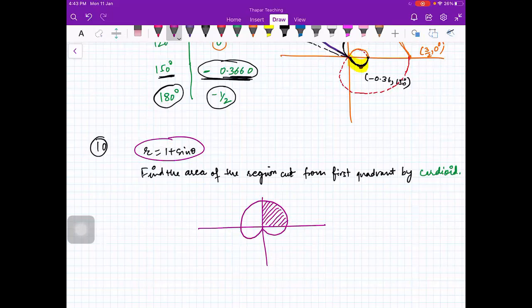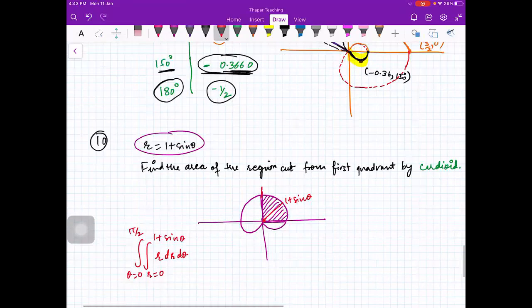So you can very clearly see R is from 0 to 1 plus sine theta. So your required area is the double integral of R dR d theta. R is from 0 to 1 plus sine theta and theta is from 0 to pi by 2, not pi, because we are talking about the first quadrant.